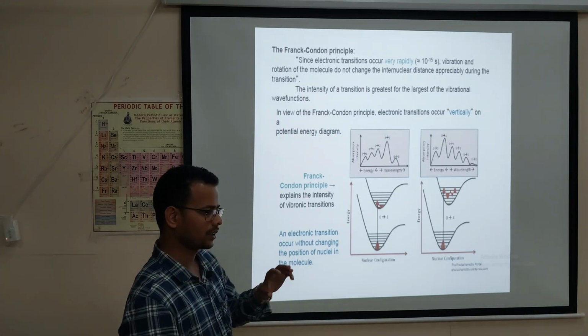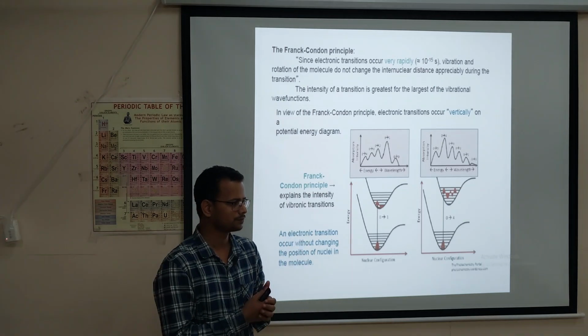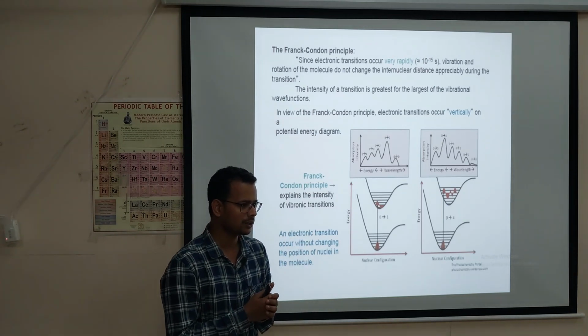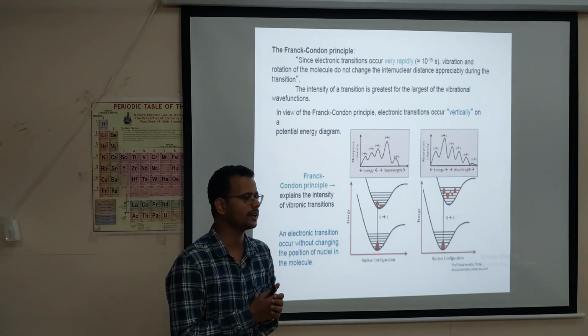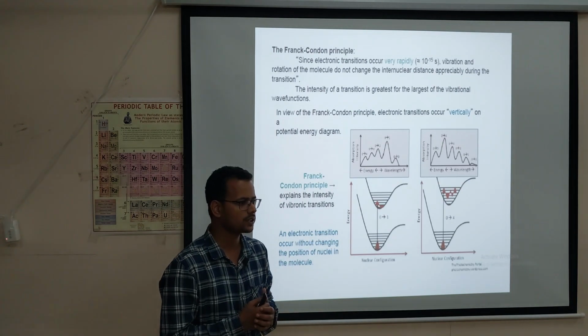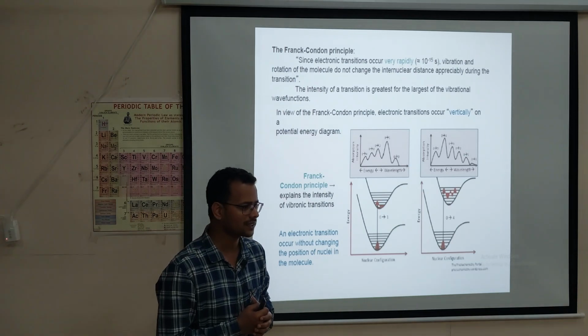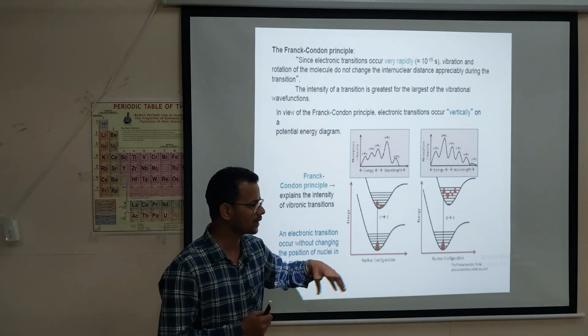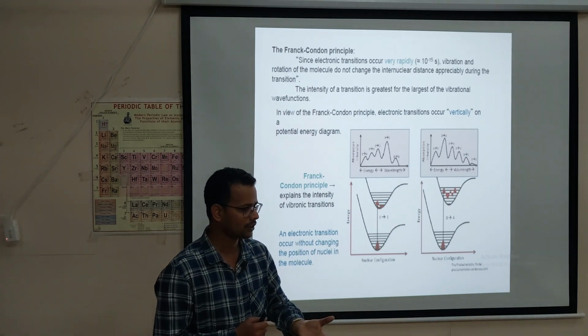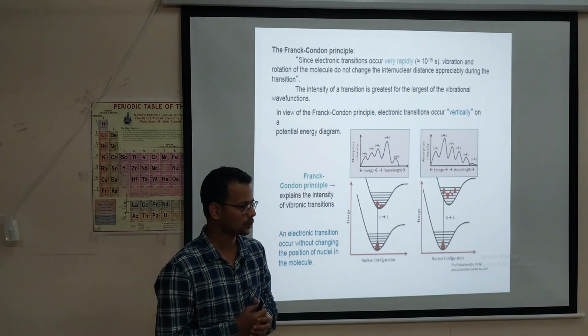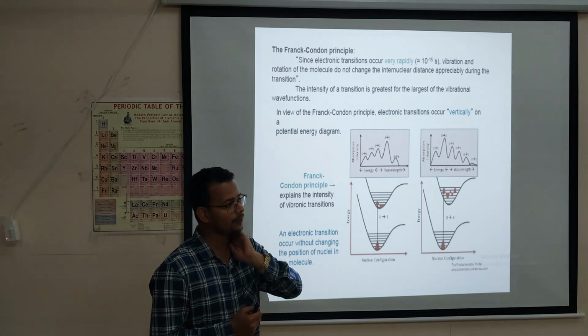In electronic transition, which electron will always get excited? The outermost valence electron. We cannot excite the 1s electron in the UV-visible region.